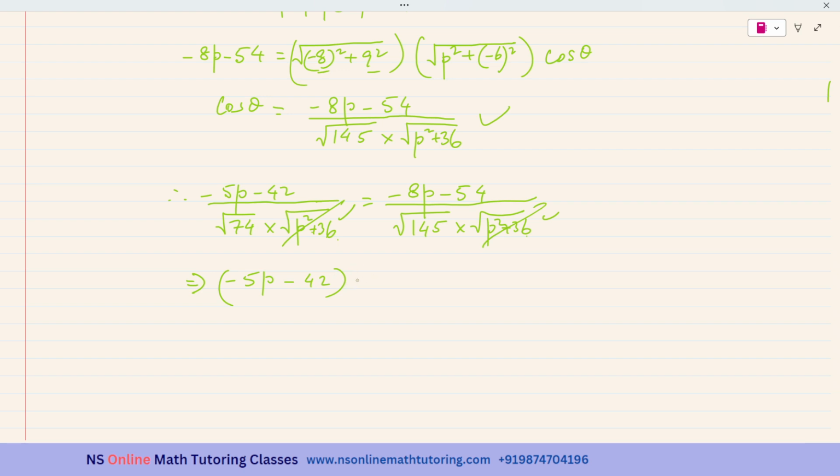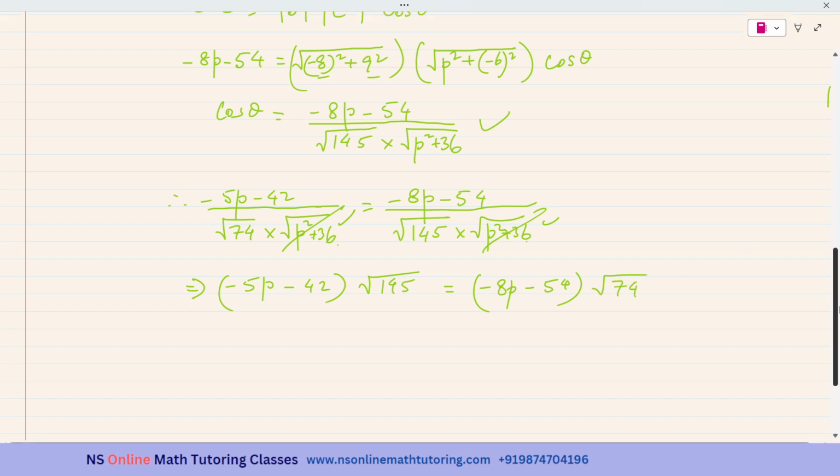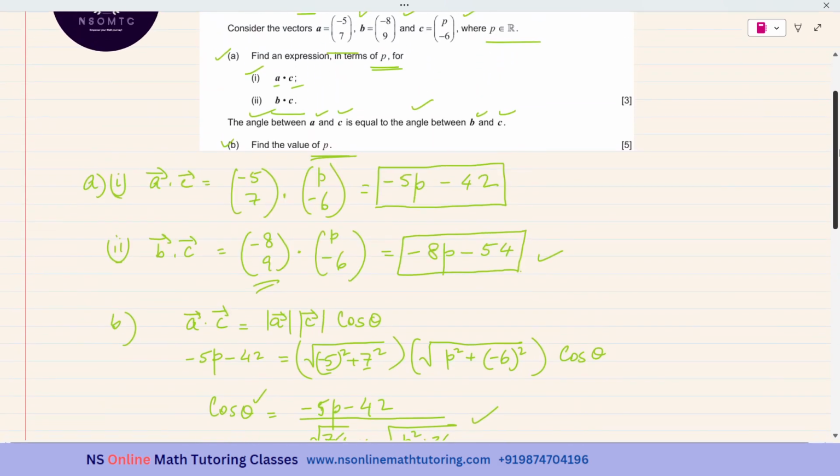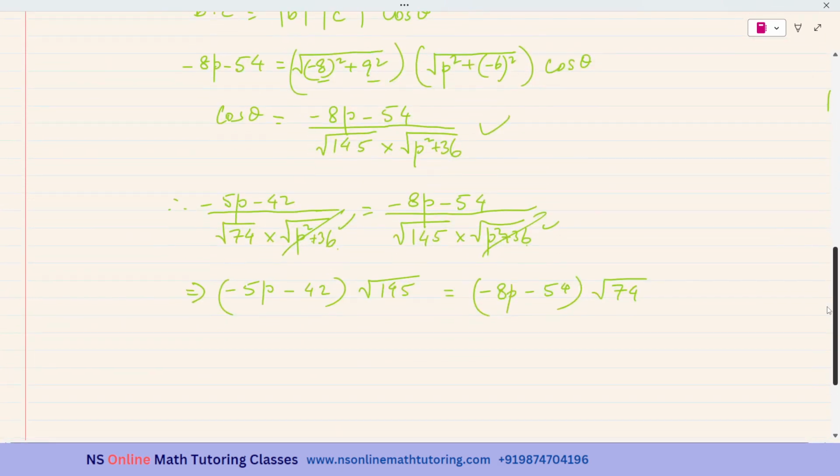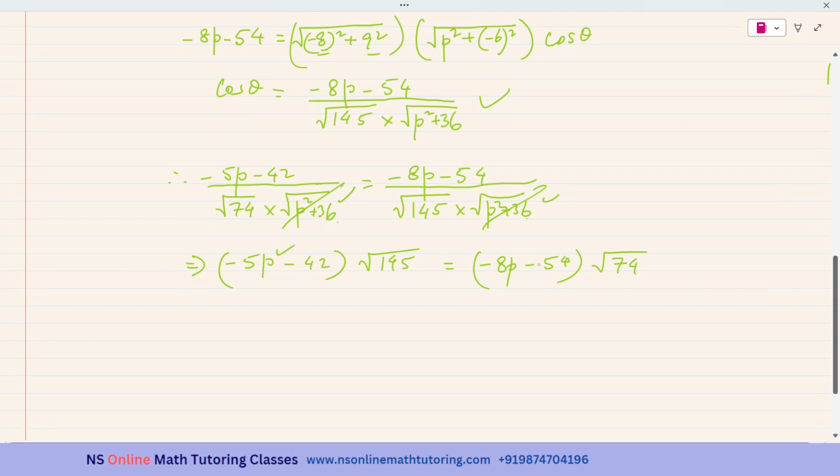Cross multiplying, times square root of 145 is equal to minus 8p minus 54 times square root of 74. It is a paper 2 question, so we can of course use the calculator to find the value of p. It is a linear equation, so we will have only a single value of p.